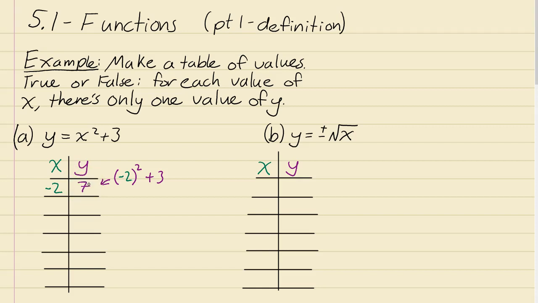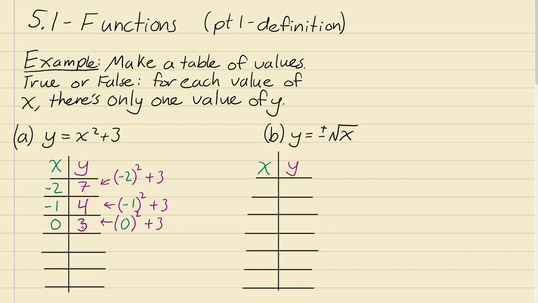So that gets you that, and you can keep going with this. Maybe plug in -1, 0. We'll get -1 squared plus 3 becomes 4, because it's 1 plus 3 is 4. And if you do 0 squared, that's 0 plus 3 is 3.